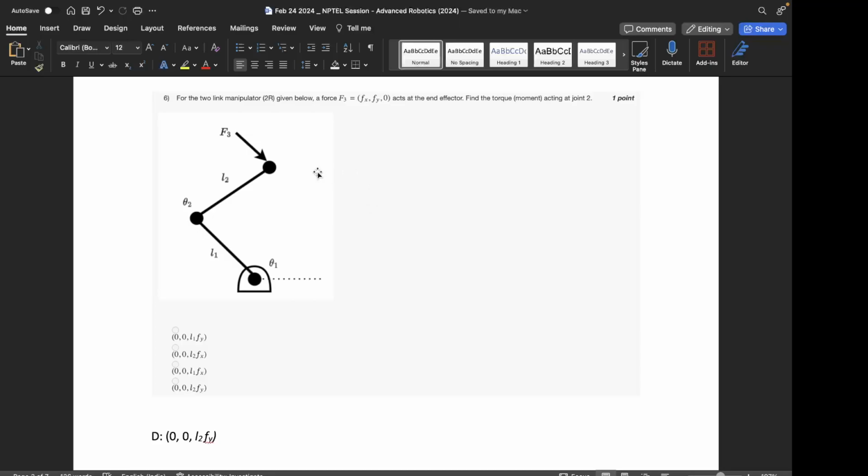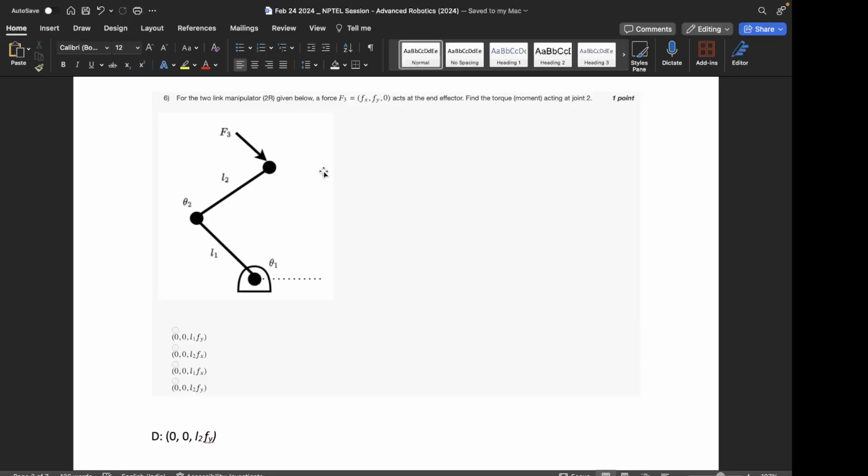So what we have is a 2R manipulator and we are applying a 2D force that's in the plane of the manipulator at the end effector. So that is F3 given as Fx, Fy, and 0. So the Z component of the force is 0. And due to this force, the joints and the links will experience some torques and forces, right?